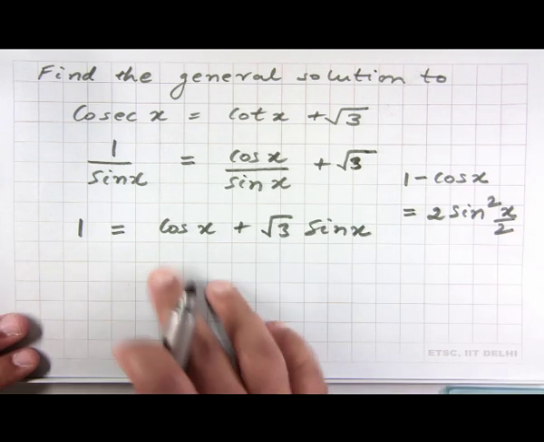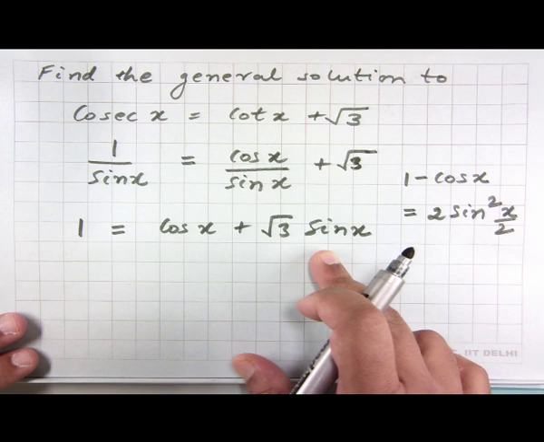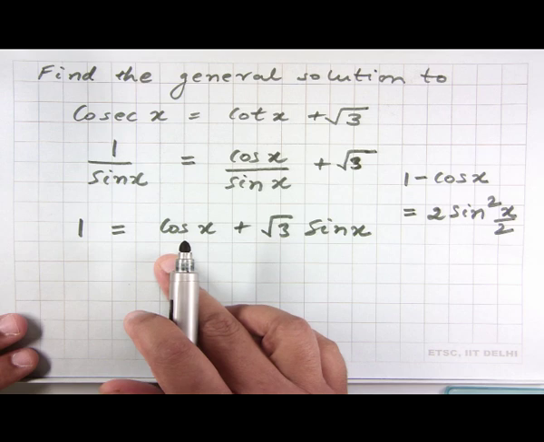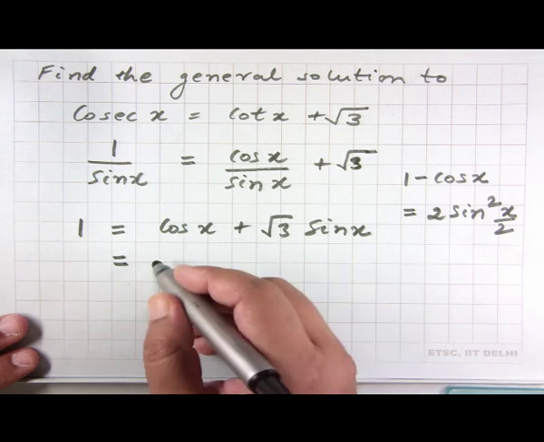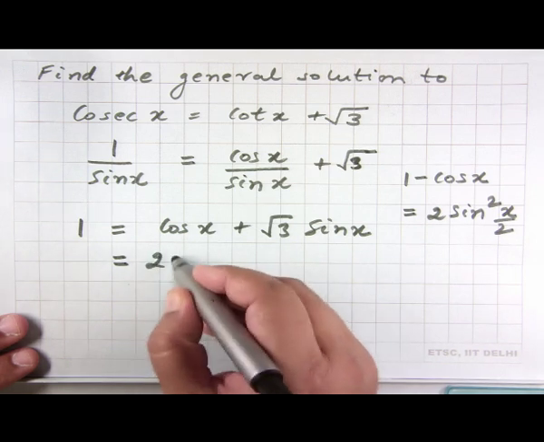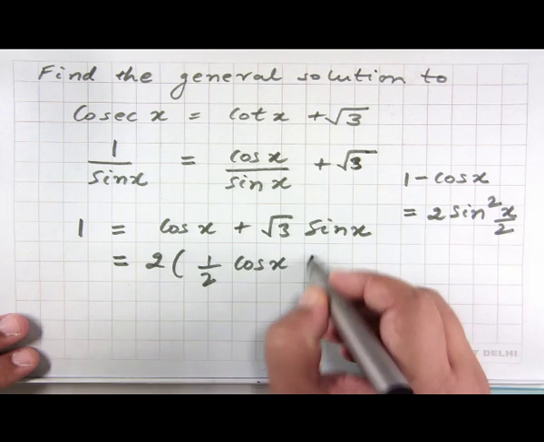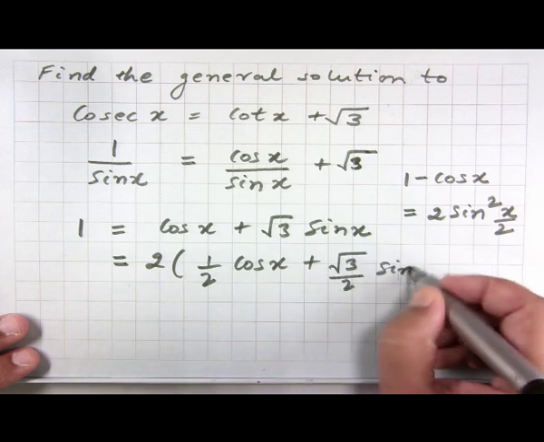So, this probably is of the form a cos x plus b sine x, and we had discussed in one of the previous lectures how to simplify that. So, this can be written as 2 times half into cos x plus root 3 over 2 into sine x.